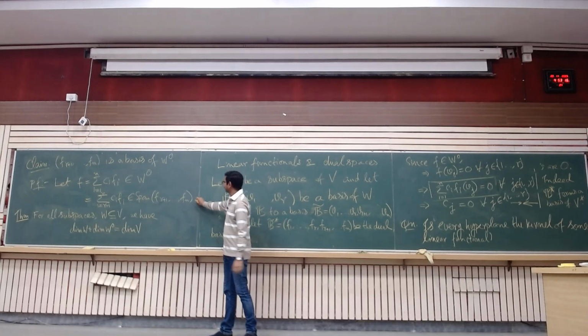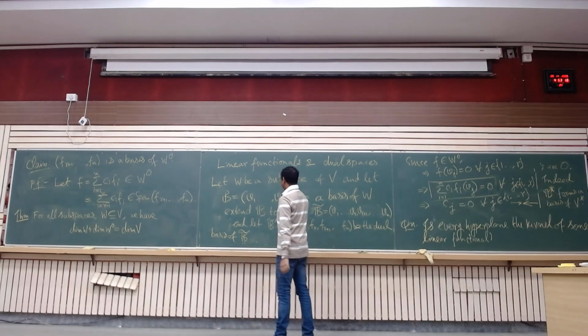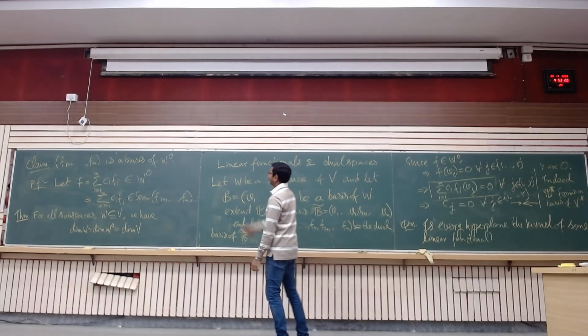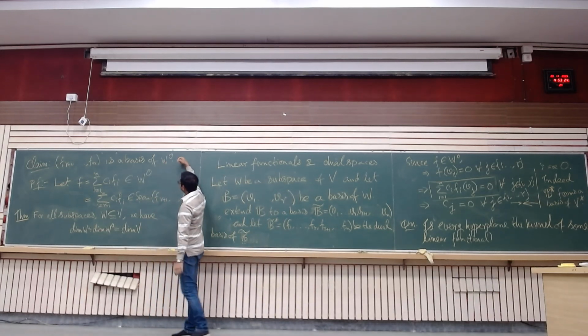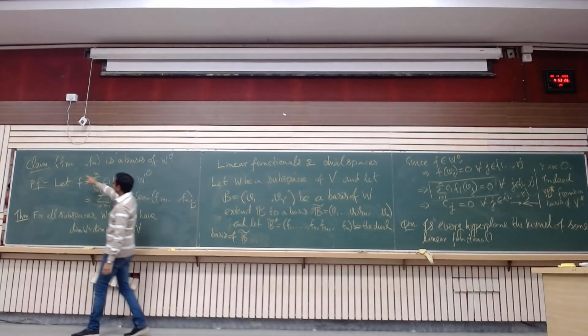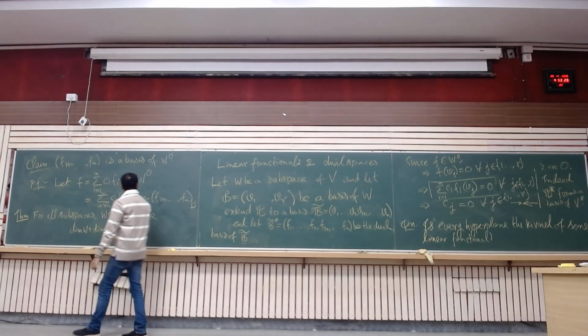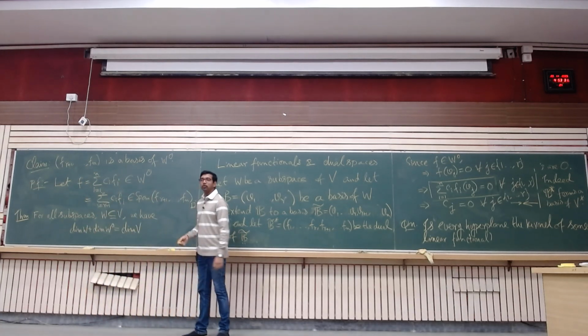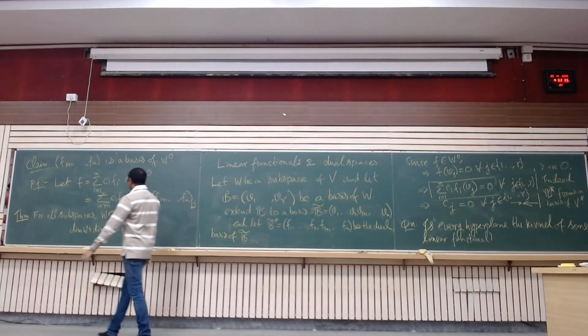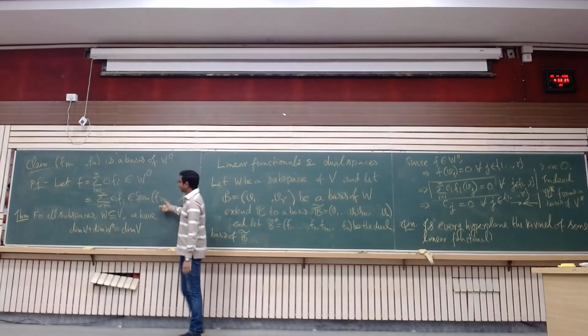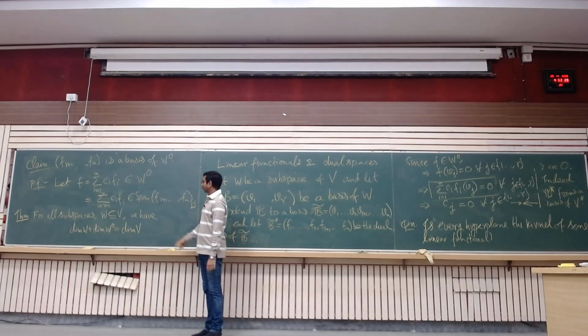Okay. So that proves this claim. So this is indeed a basis of W0, because these were linearly independent, and they are spanning W0. Okay. All right, and immediately we can write down a corollary, not that of the theorem, but that of the proof. Okay.